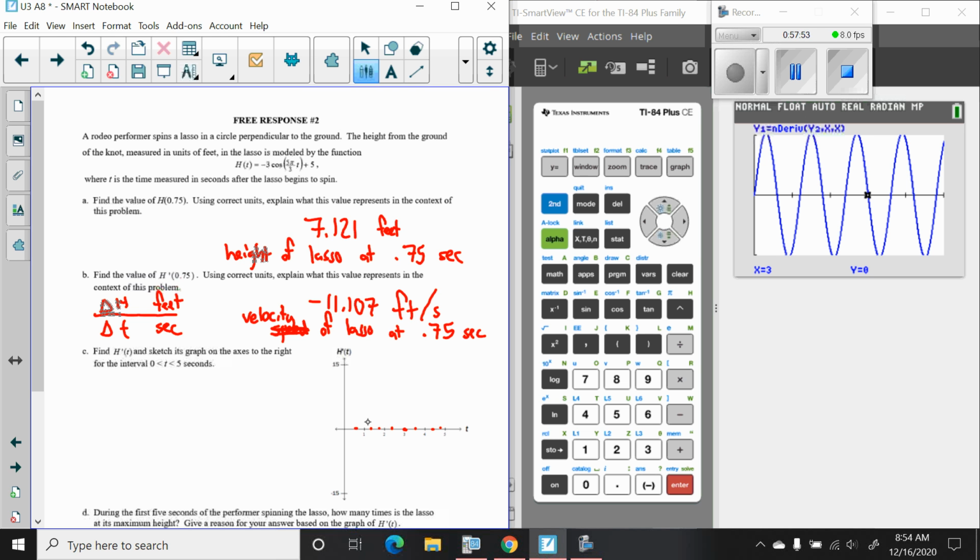And we hit a maximum between these places. So the lasso is going up, going down, or the speed of the lasso is speeding up, slowing down, speeding up, slowing down, speeding up.